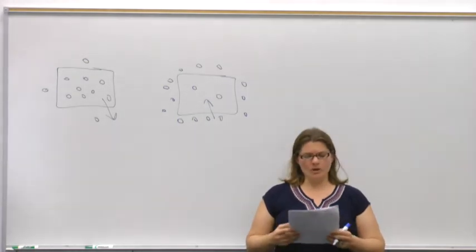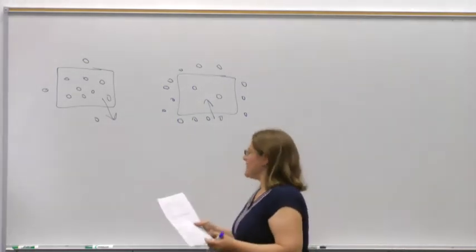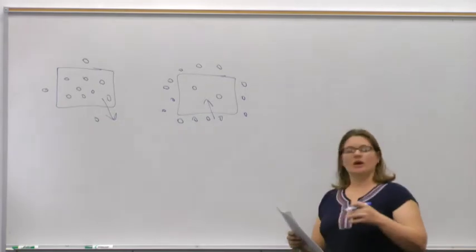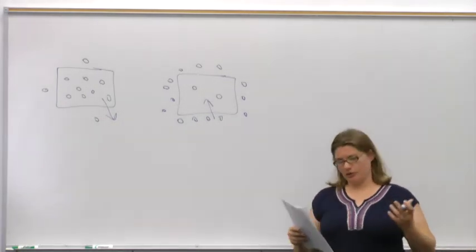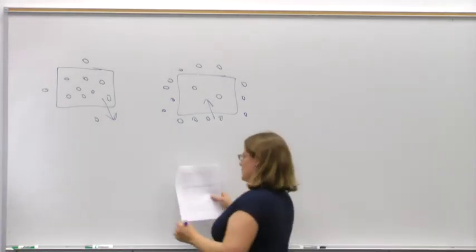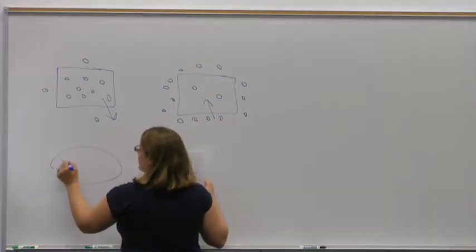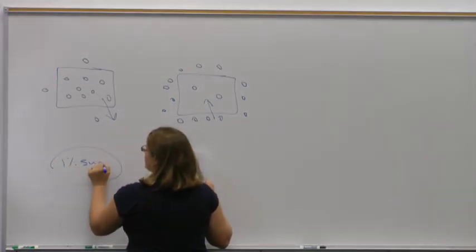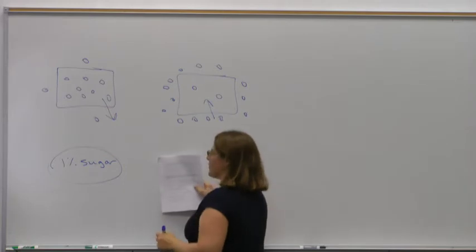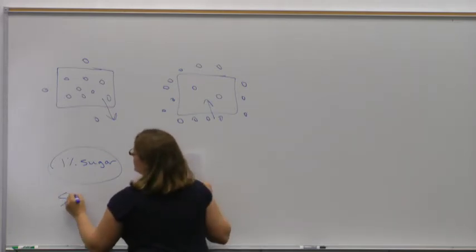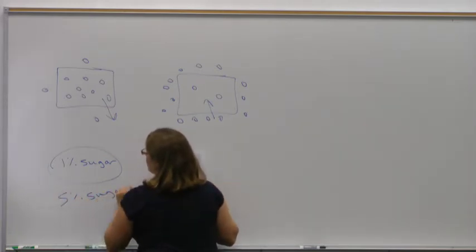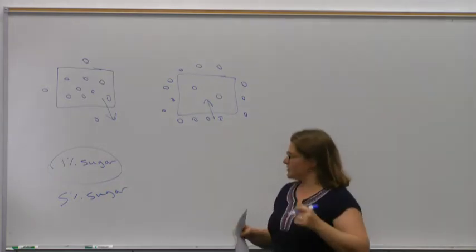For number 2, it's the same basic kind of question, but it gives you a concentration of a solute like sugar instead of just these little symbols. If the solute concentration inside the cell is 1% and outside the cell the concentration of sugar is 5%, which way is the sugar going to go?